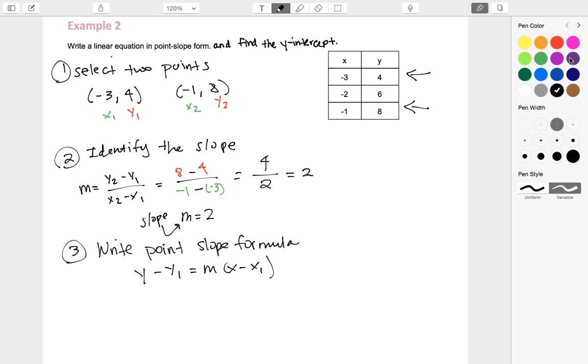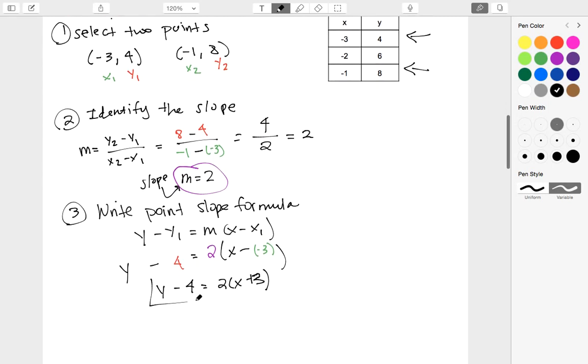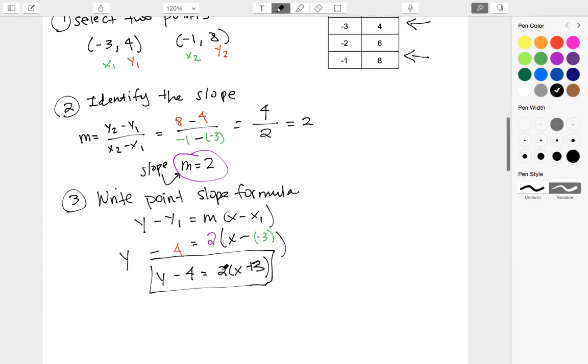So we already know the slope is m equals 2, so we have 2 here, times x minus x1, which is -3, minus -3. And then we have y minus y1, which is 4, equals this. So our final equation is y minus 4 equals 2 times x plus 3. Okay, so that is our equation for our line in point slope form.